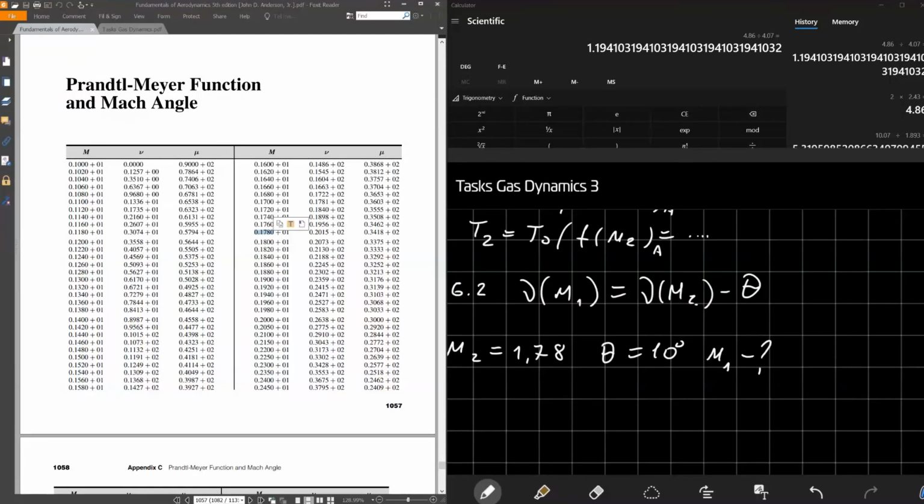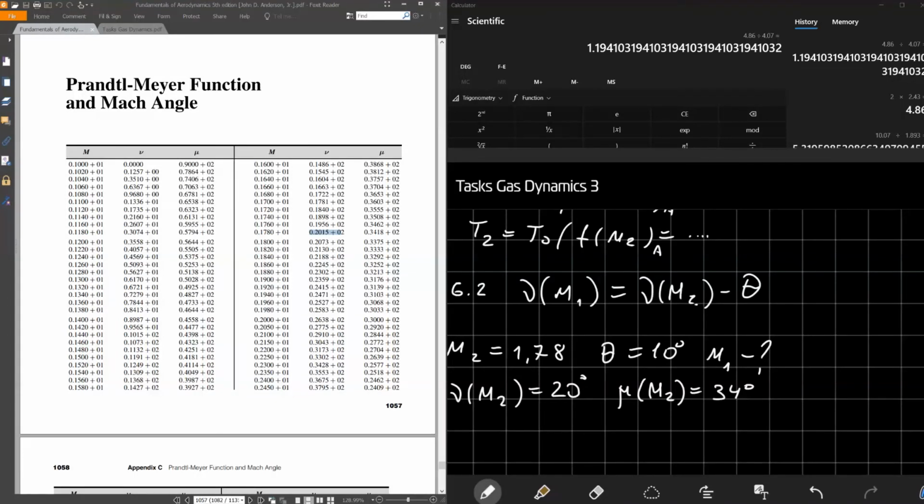So just take the nu from here, right, it is 20 degrees. Basically, I will make rounding, it's 20 degrees. So nu of M2 is 20 degrees. Mu of M2 is 34 degrees.